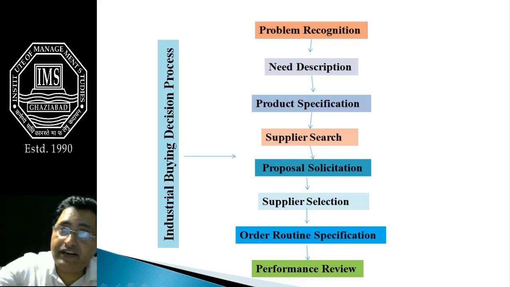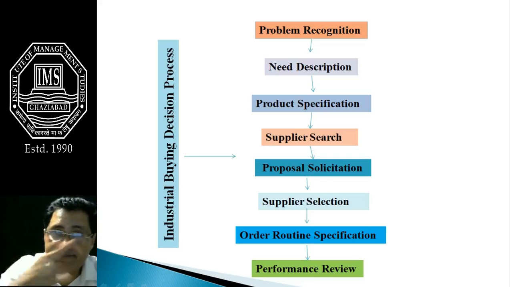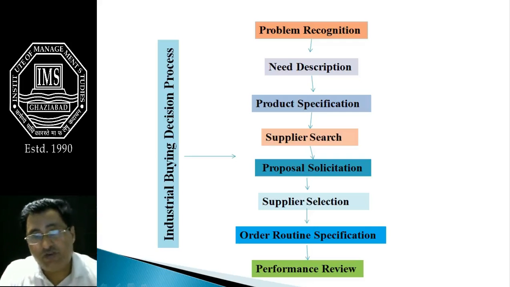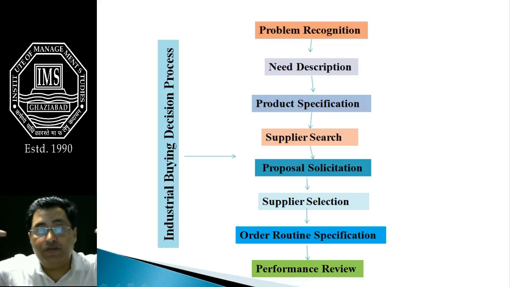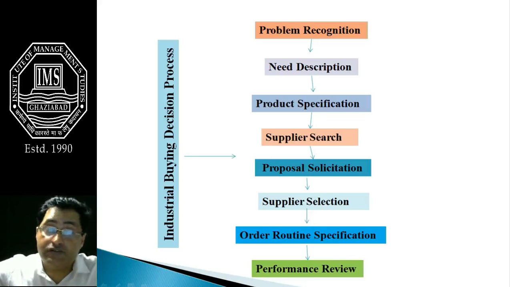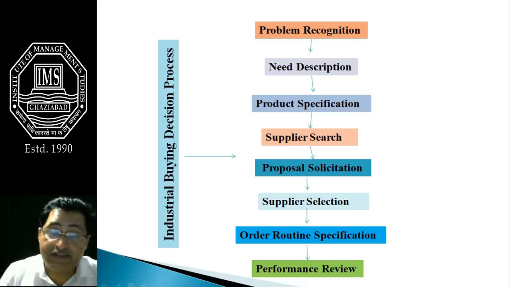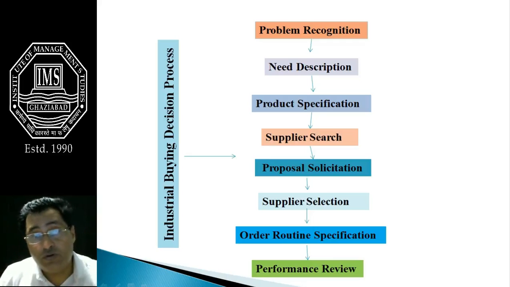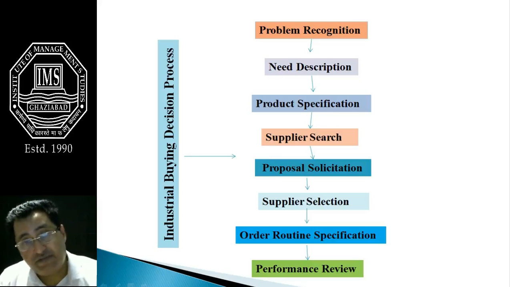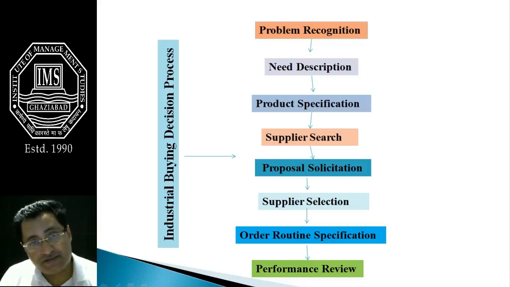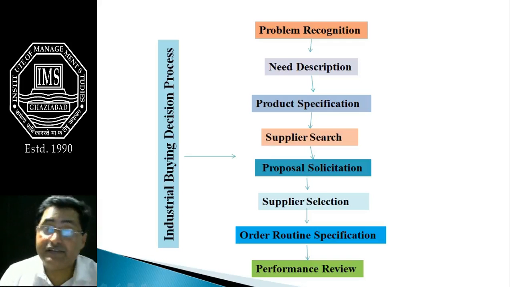You start understanding the problem in a broader way, and then you narrow down your approach. Once you have jotted down the important parts, now you are full of important points. It is also true you cannot give all the things at one time, at one go. So you come to the need of the product. When you come to the bottom part of the pyramid, there is basically the need description.